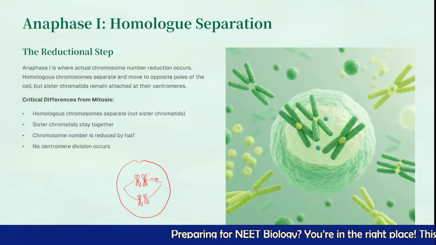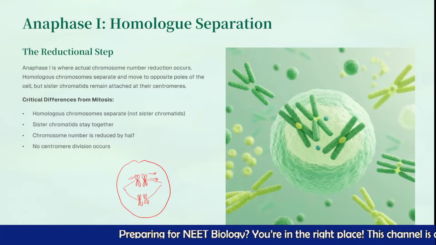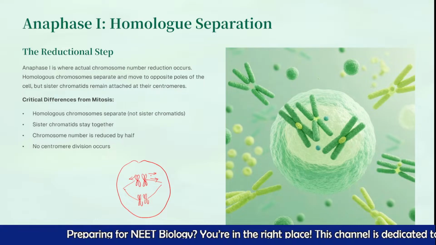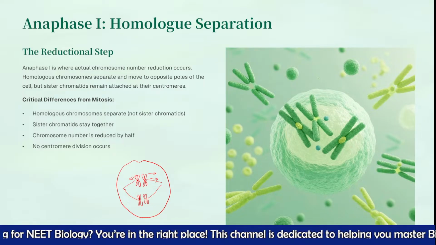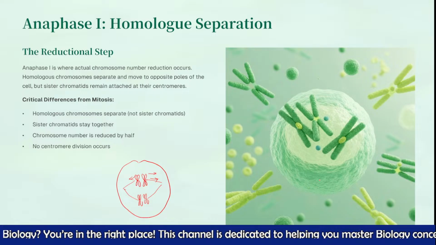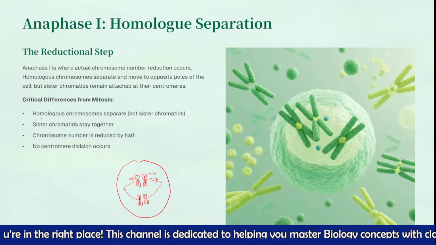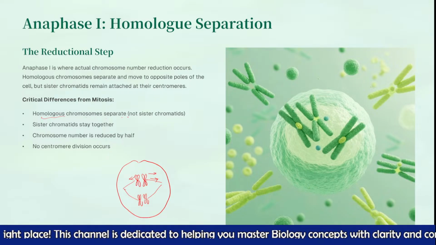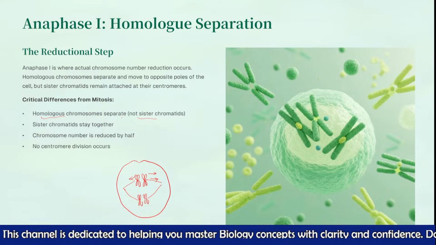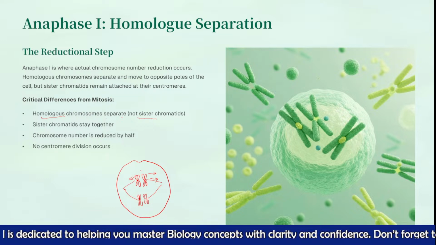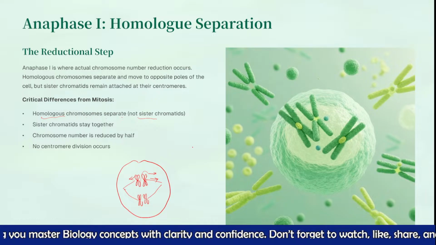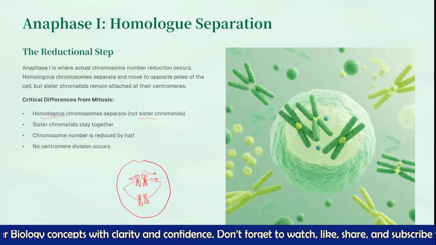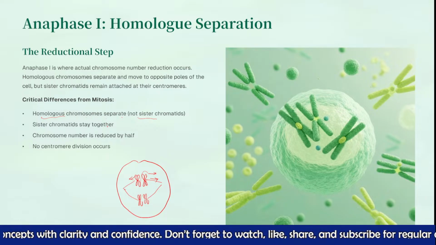So only the homologous chromosome separation is taking place. There is no separation of the chromatids. The paired chromosomes separate. So homologous chromosomes separate, not the sister chromatids. Only the homologous chromosomes go to the opposite poles. The sister chromatids stay together.